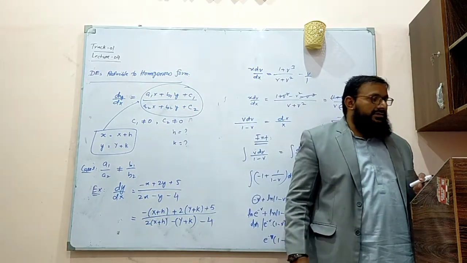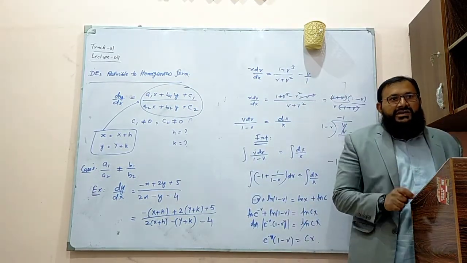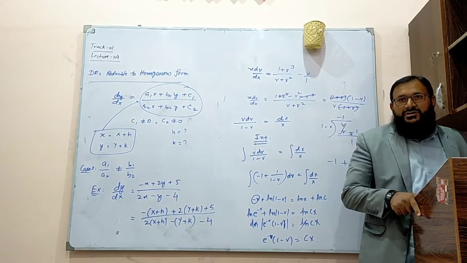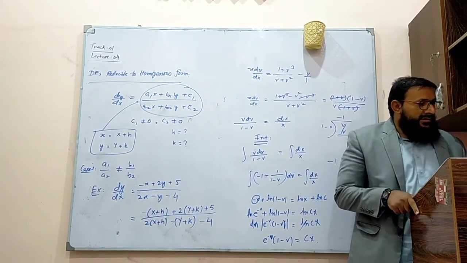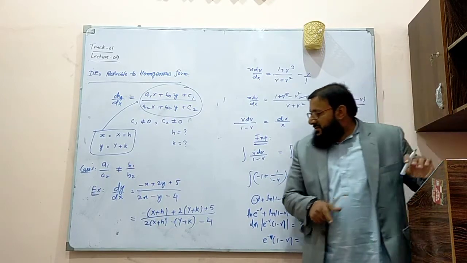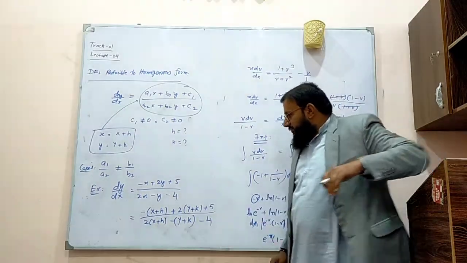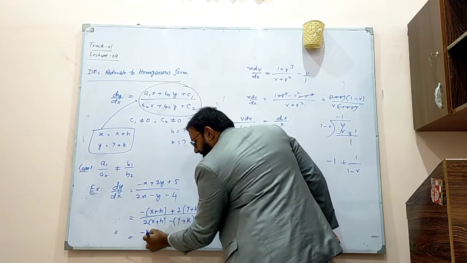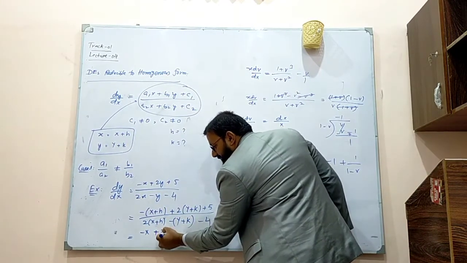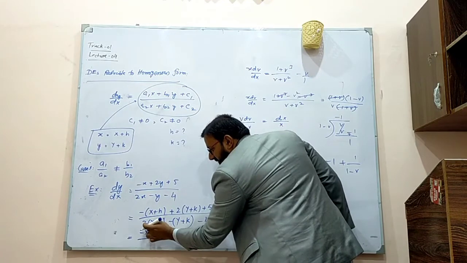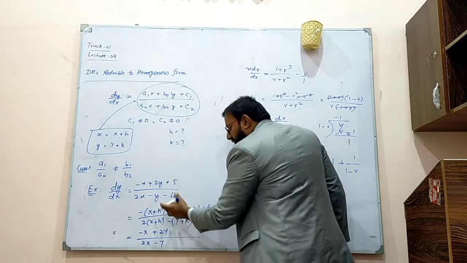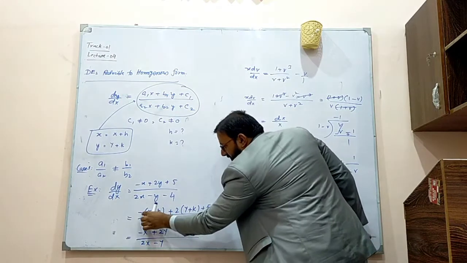This is what we call perturbing your variable with a small parameter. It means you disturb your parameter with another small parameter. Now what you need to do is separate the variables. The variables are minus X plus 2Y, and here the variables are 2X minus Y, and you write everything. What is here?